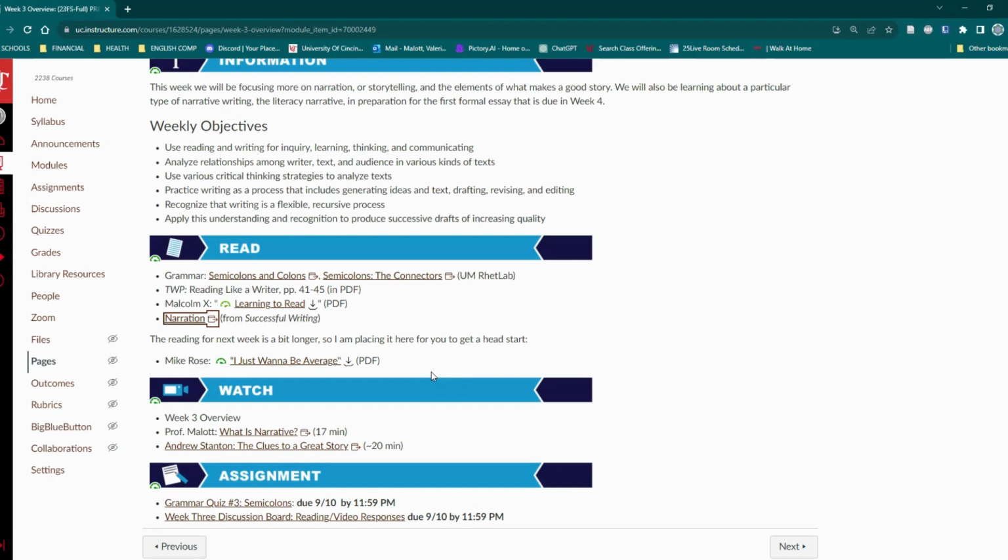So the story talks all about the various people that he came in contact with as a young student, as well as the educators who, both good and bad, had some kind of an influence on him. So if you want to get a head start on that, I recommend it. You don't have to, but knowing that it's a longer piece that you read, you might want to break it up into little chunks.